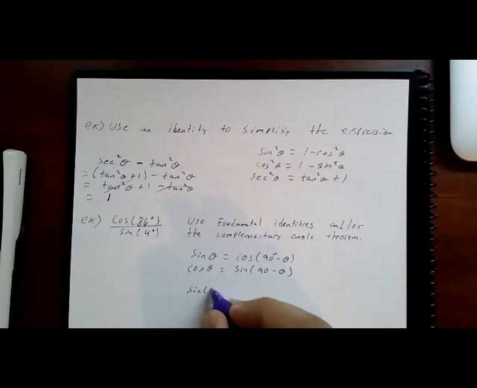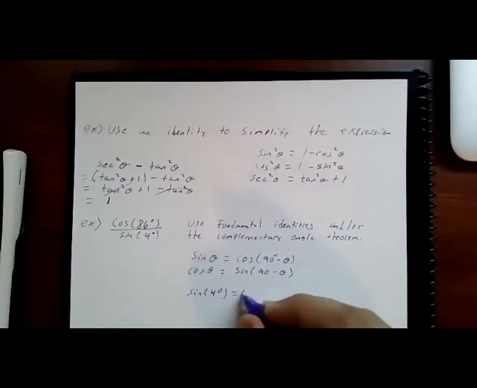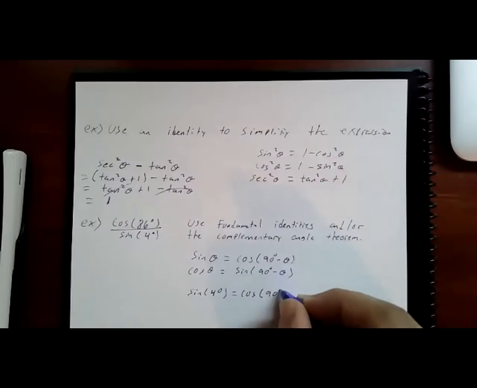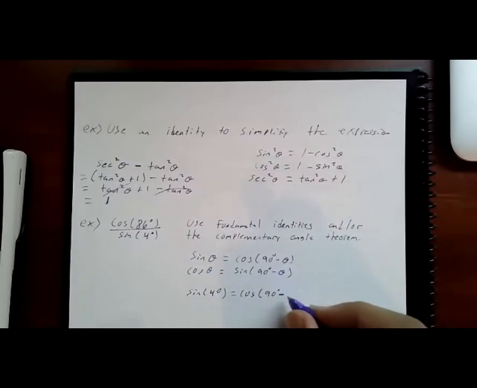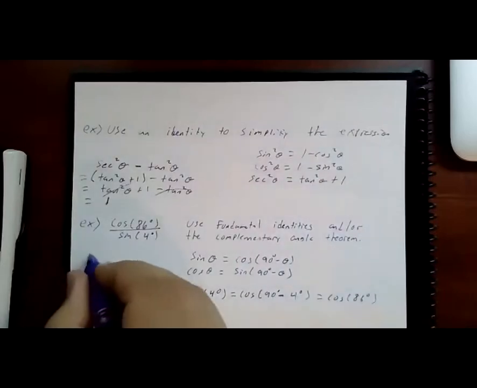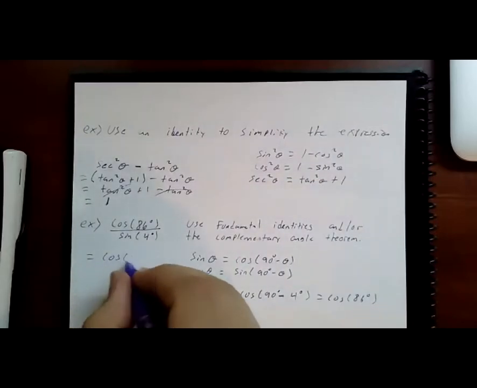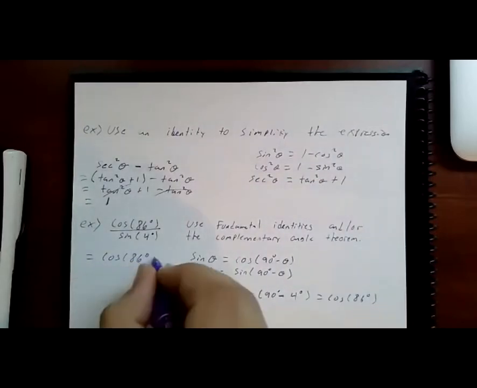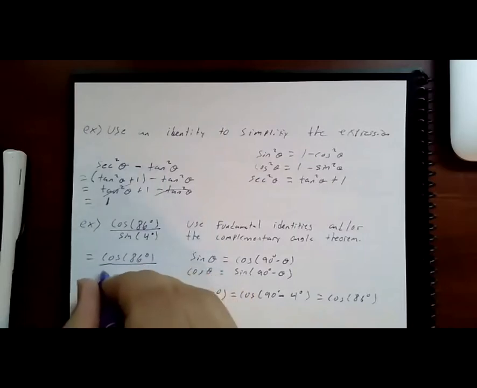So sine 4 degrees is equal to cosine of 90 degrees minus whatever the heck they gave us, which would be 86 degrees. So that means this is really another form of 1, right? See what I mean?